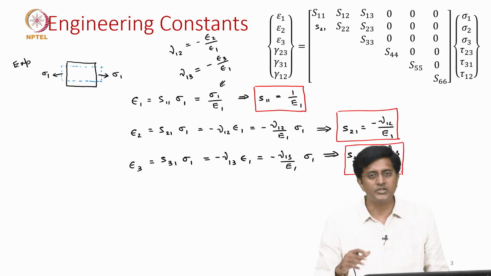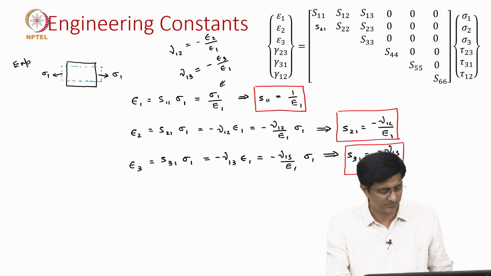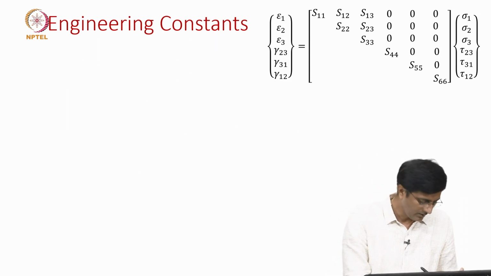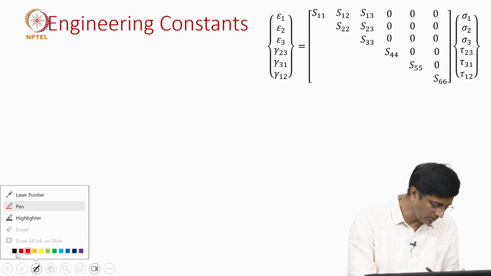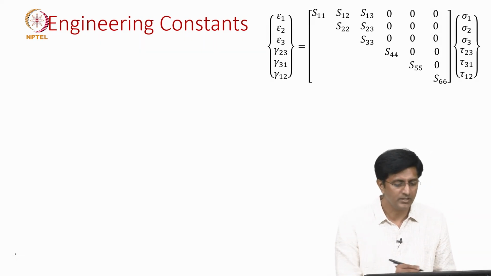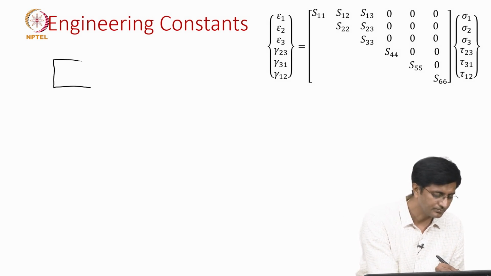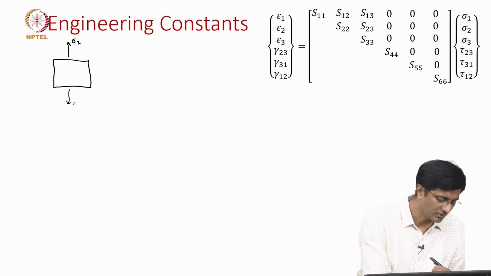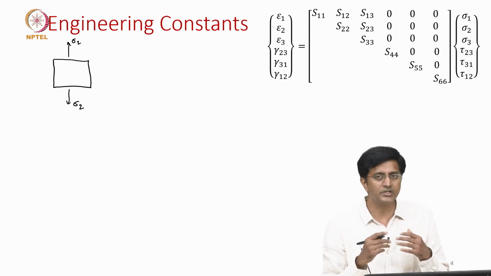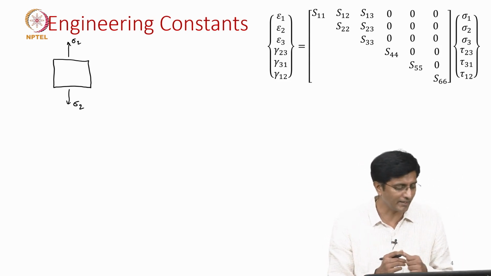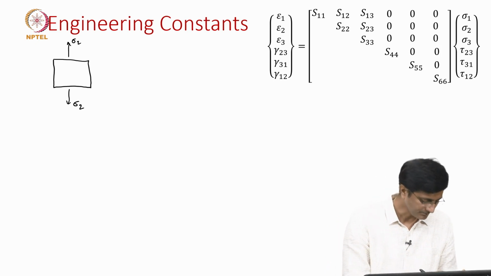Fine. Now let us move into a second experiment, where instead of applying the normal load in direction 1, this time we will apply it in direction 2. Let us say this is sigma 2 and sigma 2, and this is the only non-zero load acting on the material.